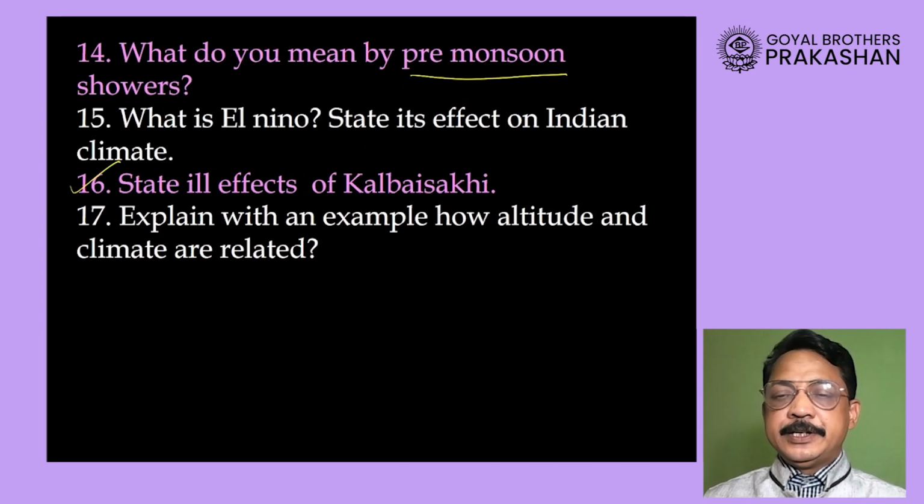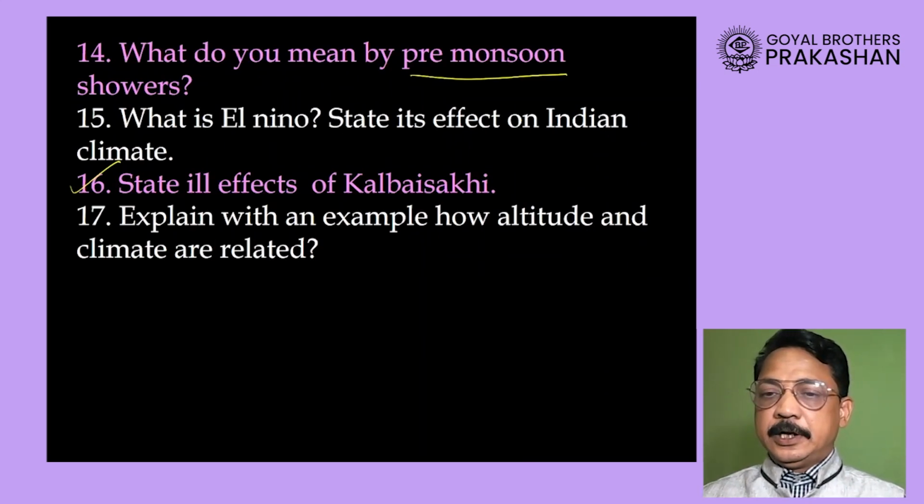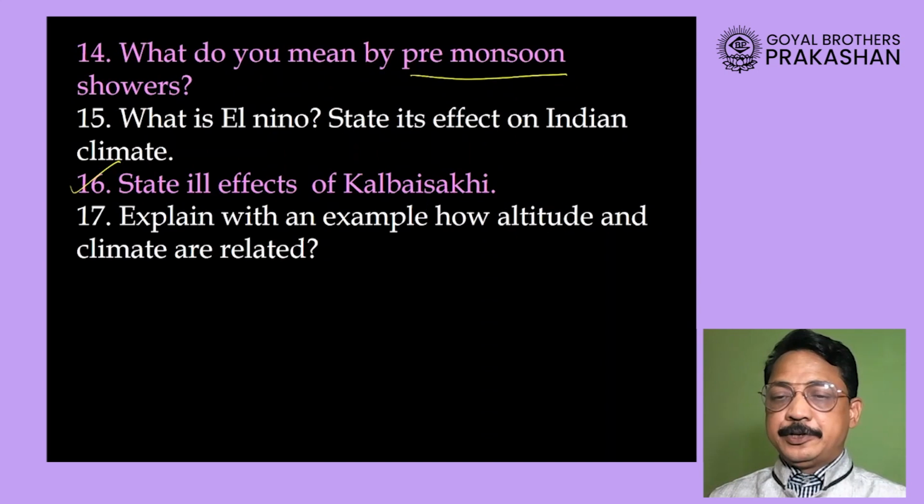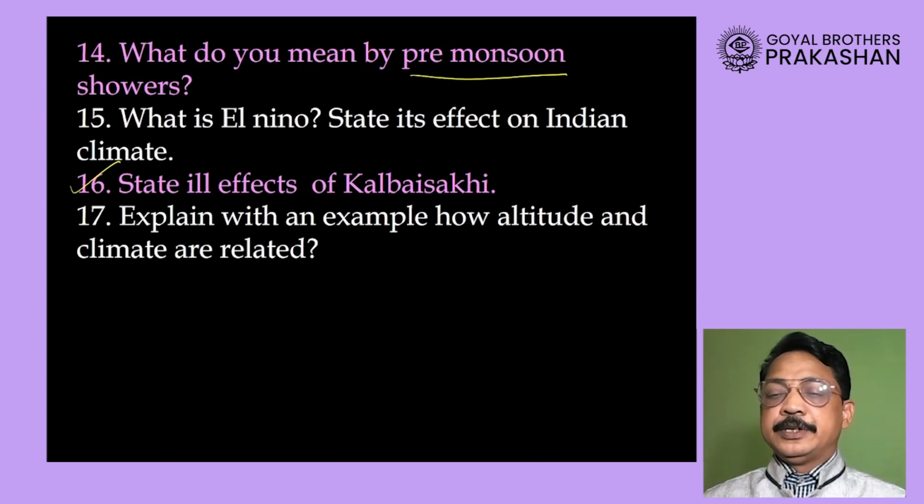That means it causes death of many people as well as animals because of heavy rain associated with thunderstorm. It is also responsible for damage of property. So you can write down here that the trees fall down, the roofs of the houses are blown away, many electrical poles fall down, and in this way they are causing damage in the region of West Bengal.